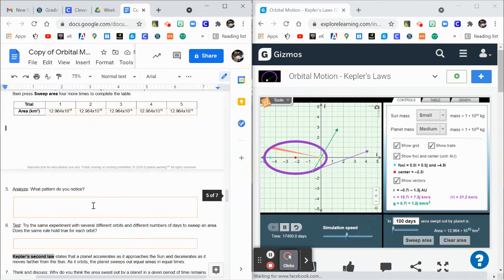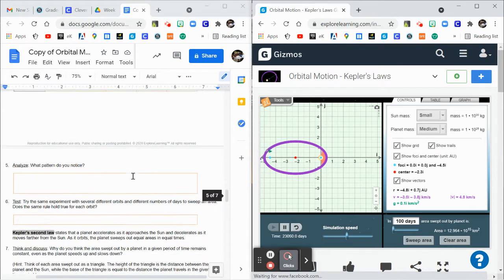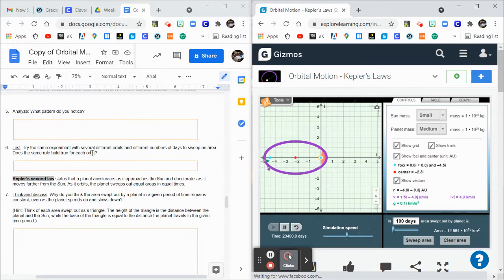All right. What pattern do you notice? Okay, try the same experiment with several different orbits and different numbers of days to sweep an area.